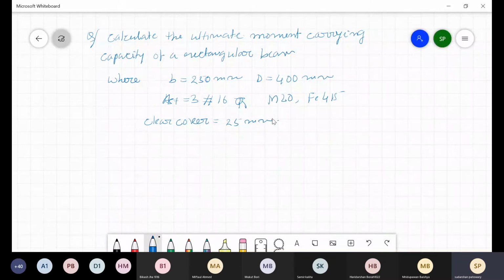So now tell me, what is the effective depth? Sir, overall depth minus clear cover.